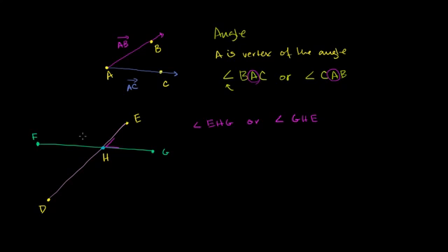If you wanted to specify this angle right over here, the one made up of, if you imagine that ray and that ray, if you were to keep on going past those points, then you could call that angle DHG, or angle GHD. I think you get the point. This angle up here could be FHE or EHF, and this one could be FHD or DHF. And when you do it this way, it's very clear what angle you are referring to.